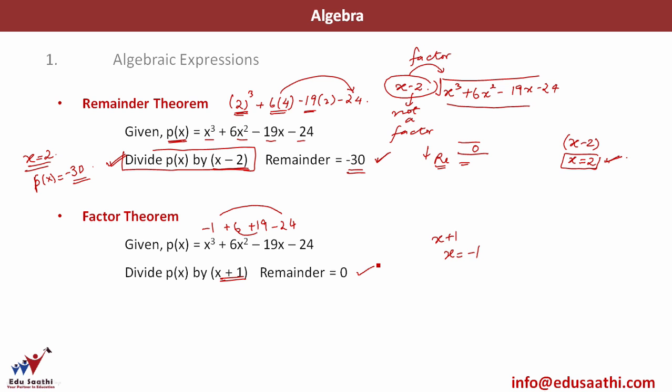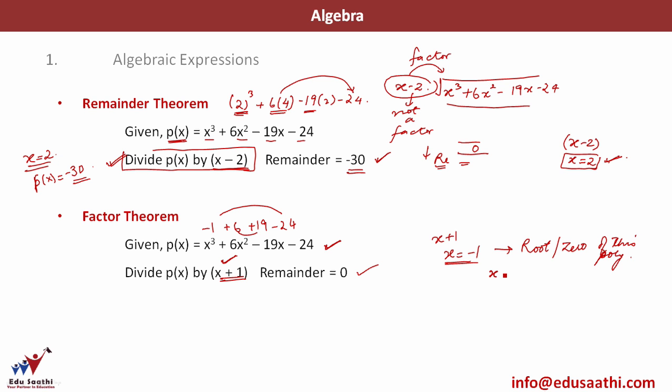The remainder would come out to be 0. That means x plus 1 is a factor of the given expression. So x is equal to minus 1 will be termed as the root or a zero of this polynomial.